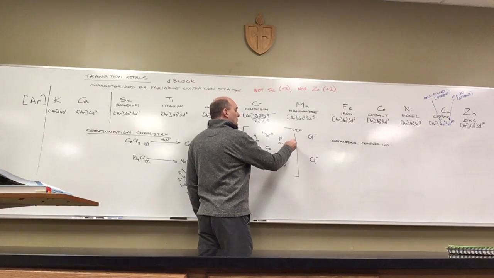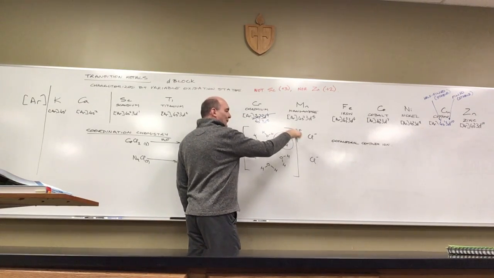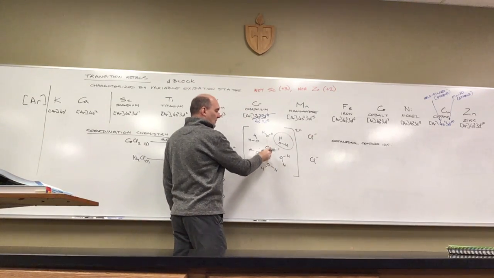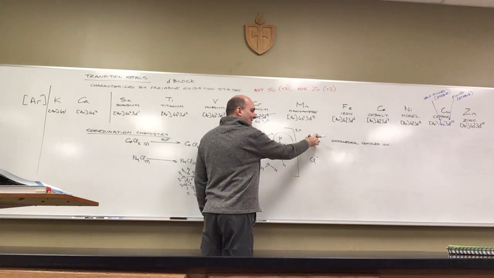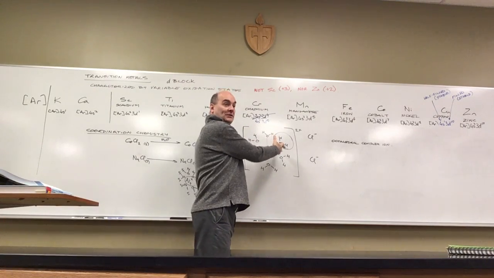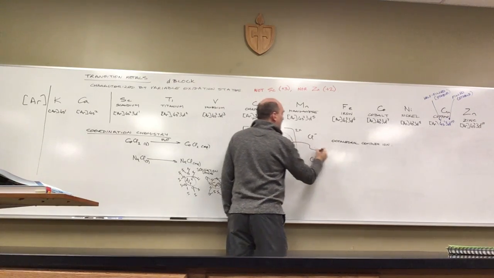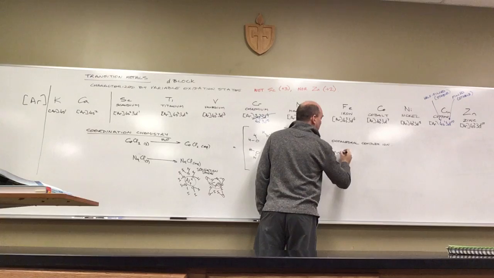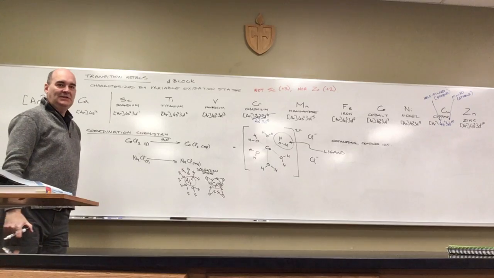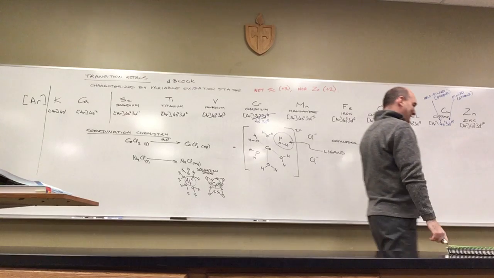And because this is different than the chloride, because the chloride is not something that exists naturally on its own, but water does, this gets a new name. This is a ligand. And a ligand is part of a coordination complex, or a complex ion.